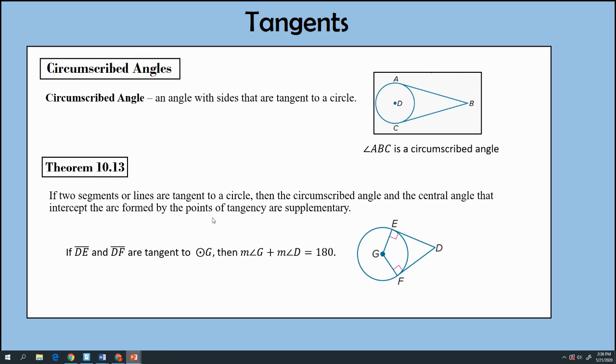That's where this comes from. So if we get a circumscribed angle and then we look at a radius drawn to each of the points of tangency, we're going to see that the central angle, which is angle EGF or just angle G, and the circumscribed angle D are supplementary, which means they're going to add up to 180. And that's the reason why.